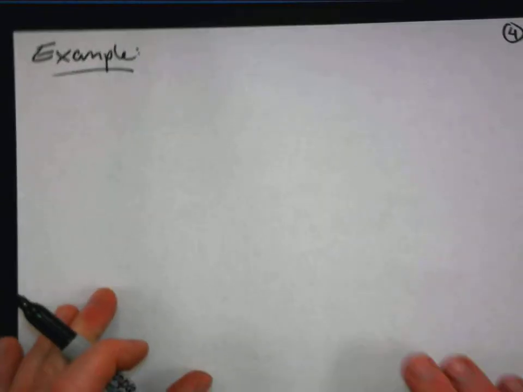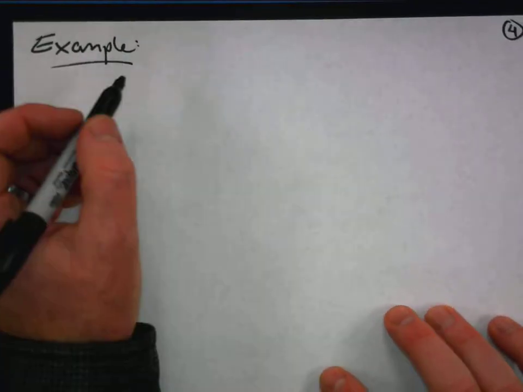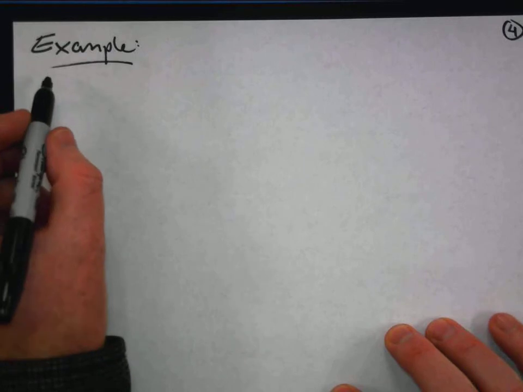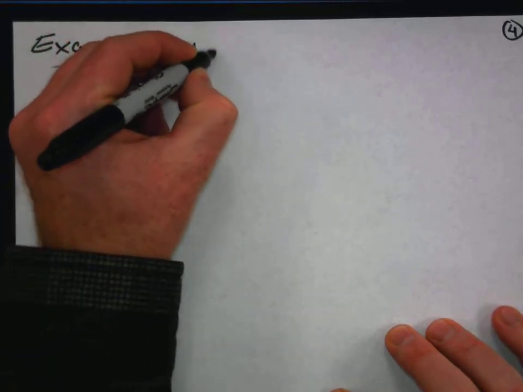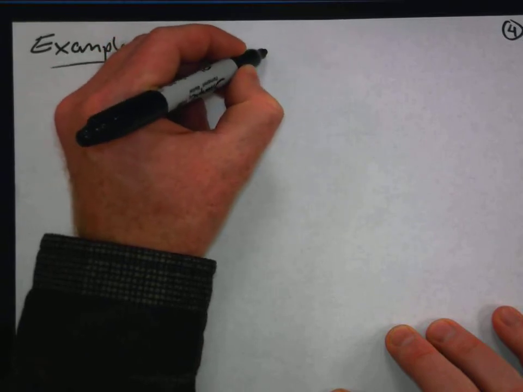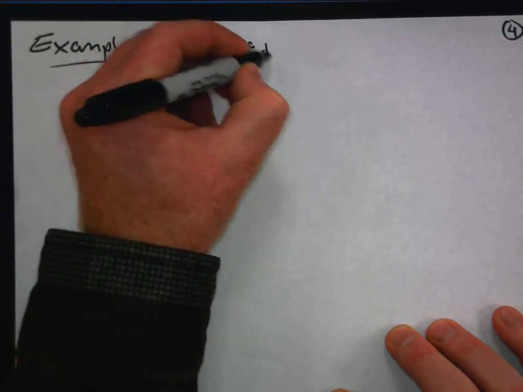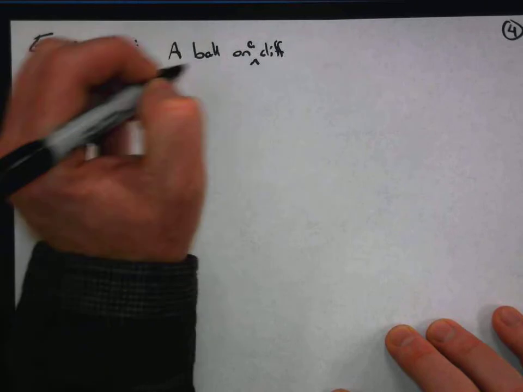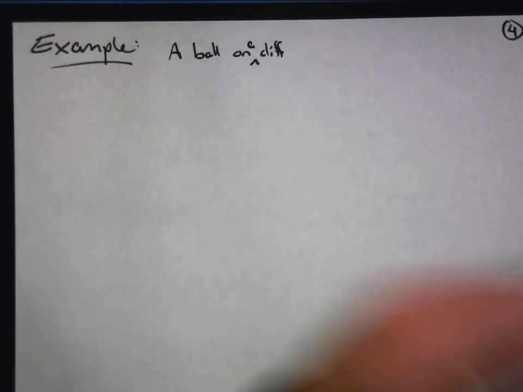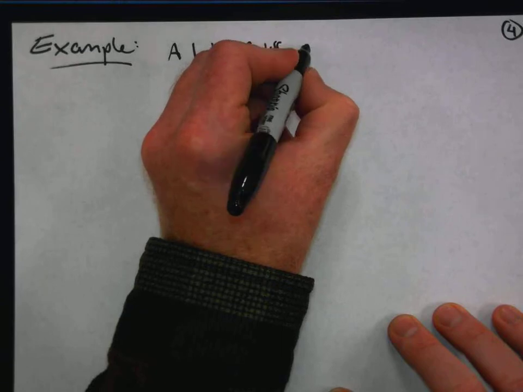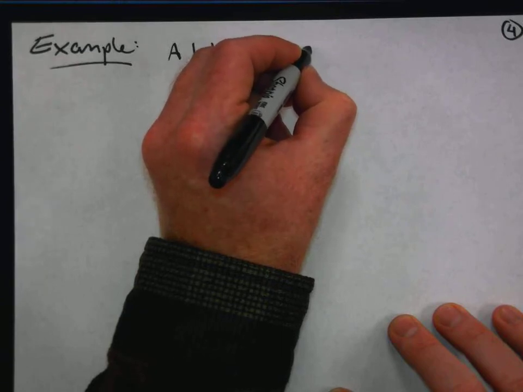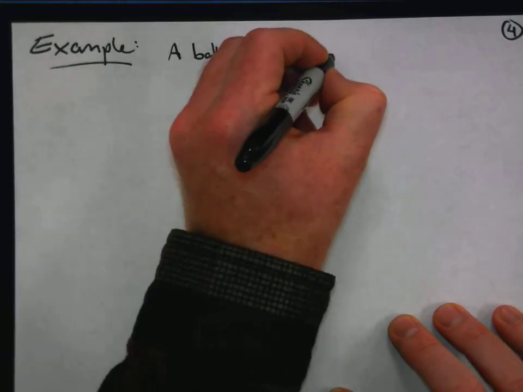Here we go. In this example, there's a ball on a cliff, and we're going to kick it off the cliff. The cliff is 4 meters high.